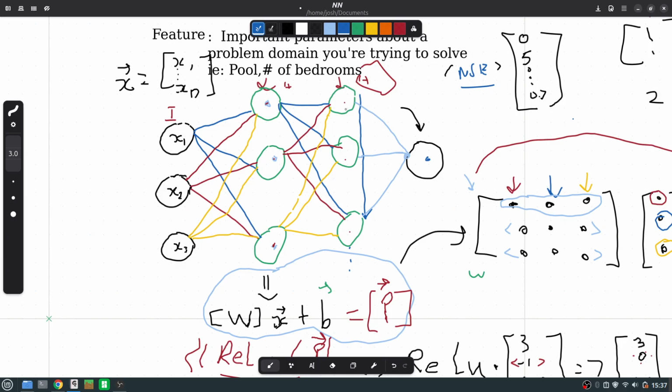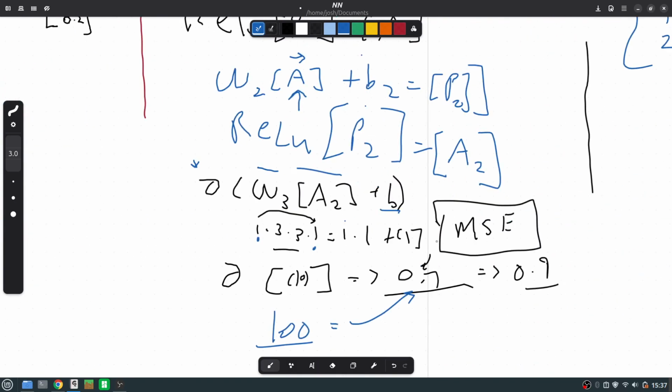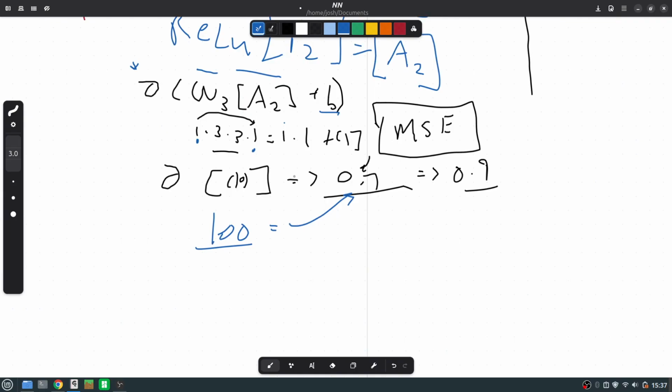How do we tweak those weights and biases such that this output value nudges a little bit closer to the expected value? That's really all training is going to do. It's going to do this over and over and over again until we converge to the correct value.